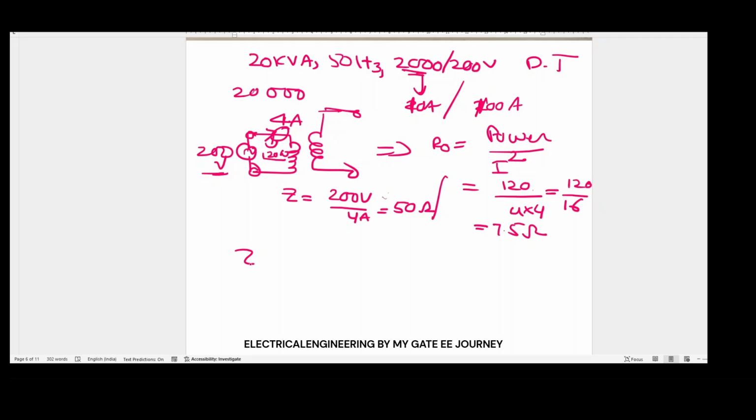What is X? That is the square root of 50 squared minus 7.5 squared.